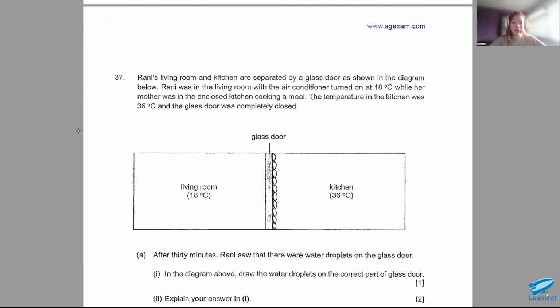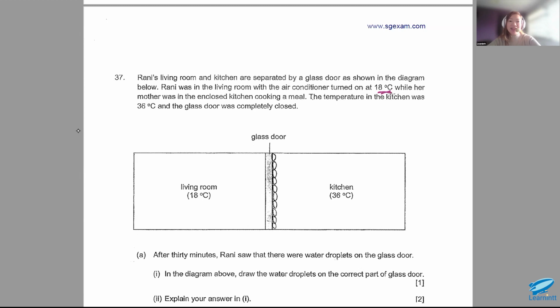Next, question 37. Rani's living room and kitchen are separated by a glass door as shown in the diagram below. So they have a glass door. Some of us have it so that the smoke and the fumes and everything don't go into the living room. Now, Rani was in the living room with an air conditioning turned on at 18 degrees Celsius. Wow, good life.